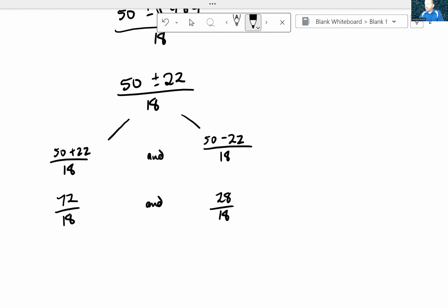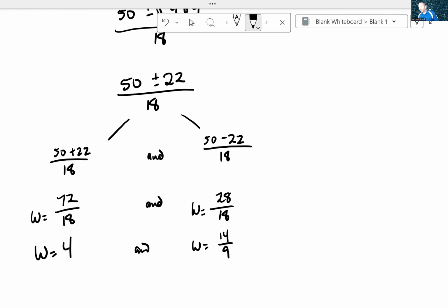And this is for W, saying this is what W is from our original equation. Normally we solve for x, and that's our x-intercept, but this is what W is equal to, and we have to simplify this. This ends up being W equals 4, and our other value for W is W equals 14 over 9.